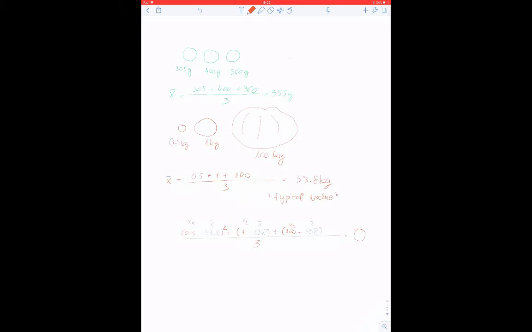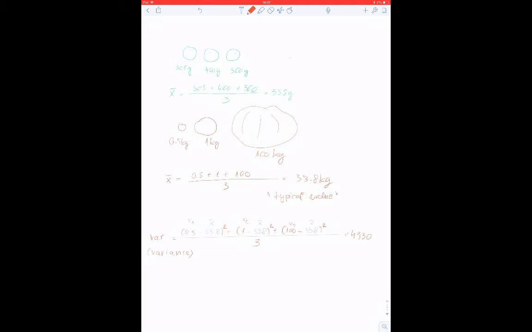So square this one and this one and this one. This expression has a name, and it's called variance. The value of this particular one is approximately 4930. It's also called mean squared deviation. And why is this? I will show in a moment.